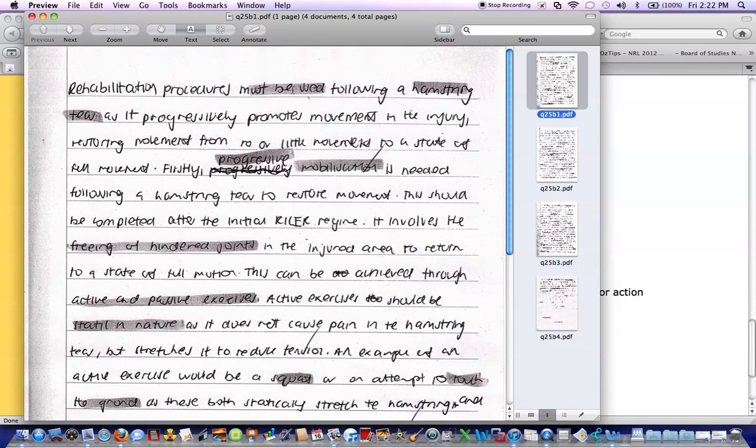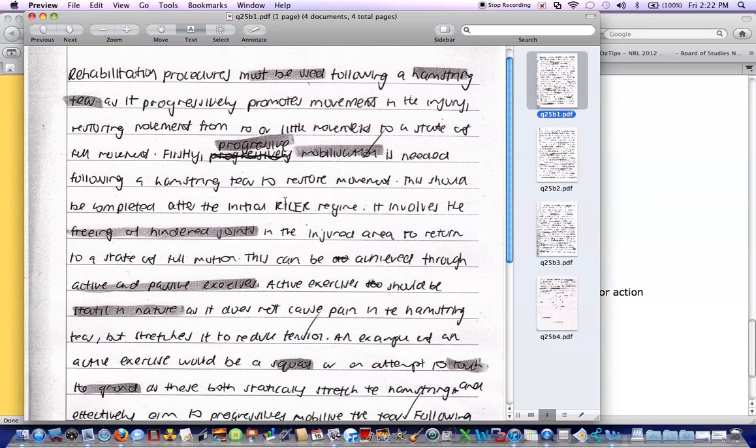Rehabilitation procedures must be used following a hamstring tear as it progressively promotes movement in the injury, restoring movement from no or little movement to a state of full recovery. So there we go. There's a little justification telling us the importance of why it needs to be there. Must be used, and has even been highlighted. Firstly, progressive mobilisation is needed following a hamstring tear.